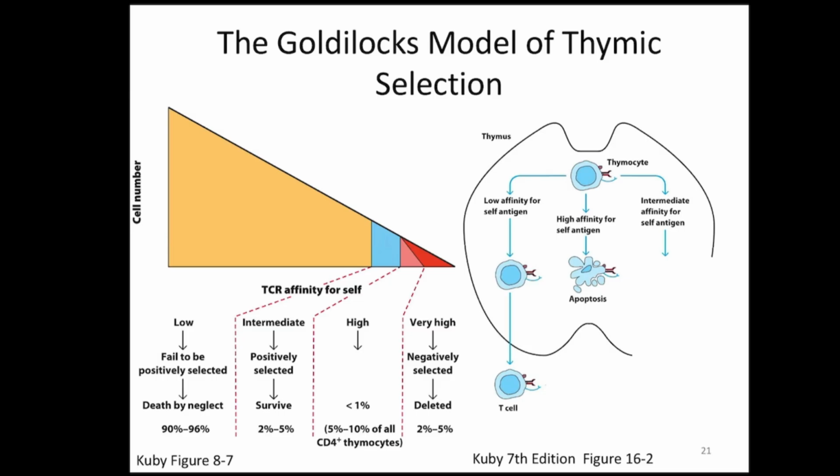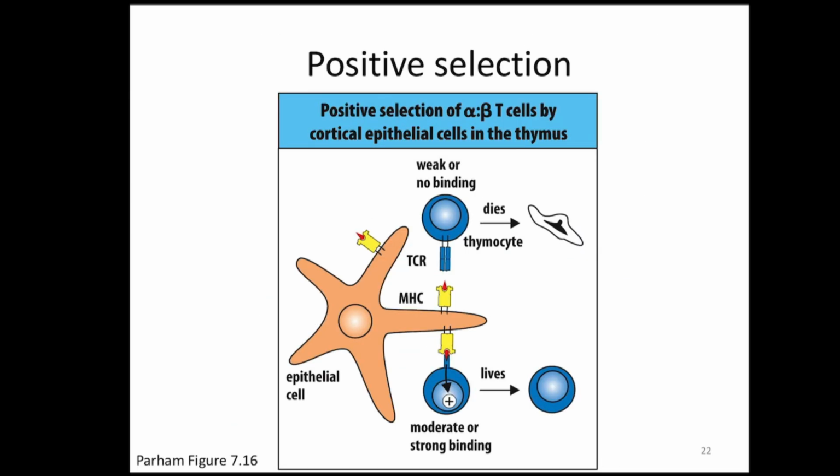You can see here this positive selection. If our cell gets absolutely no signal, it dies. So here you can see death by neglect where we're getting absolutely no signal. And here you can see the cell gets moderate signal, it's going to live. And so that cell is positively selected.